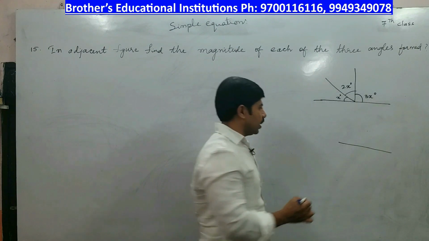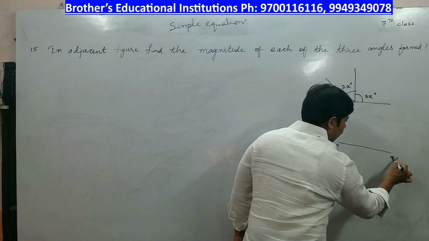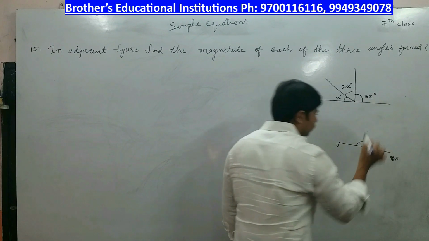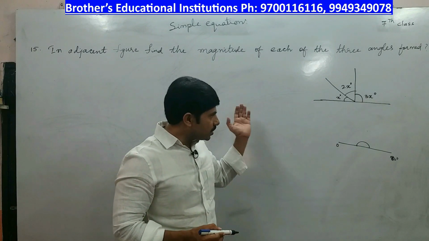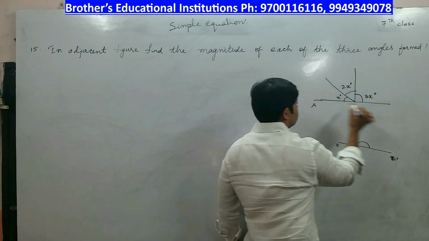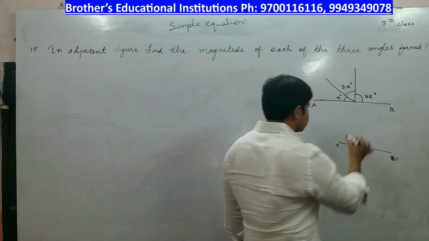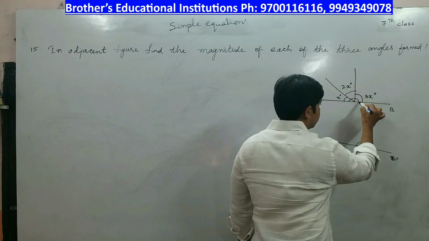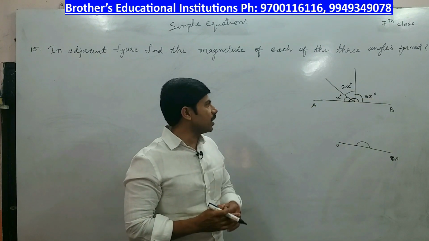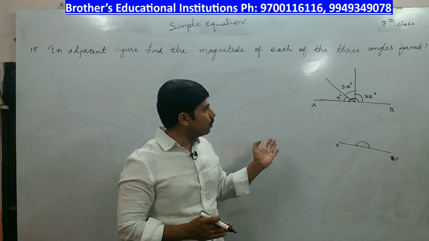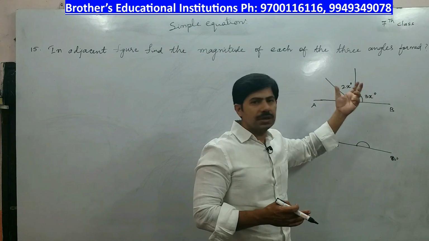Angle in a straight line is 180 degrees. Here, this is nothing but a straight line. Assume this as AB. As it is a straight line, the angle in a straight line will be 180 degrees. This 180 degrees is divided into three parts: one is x, the other is 2x, the third is 3x.